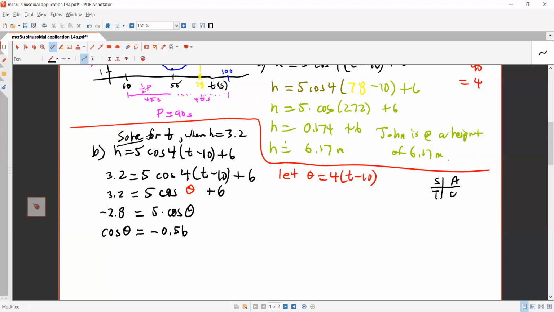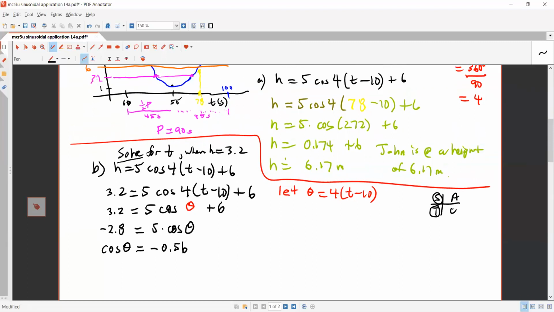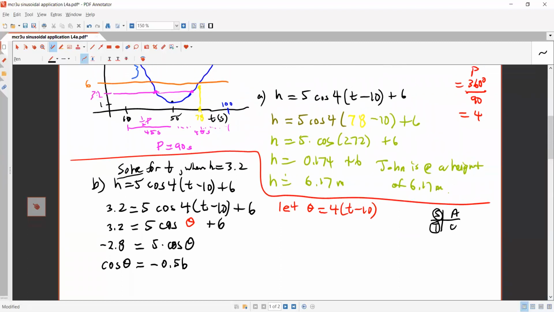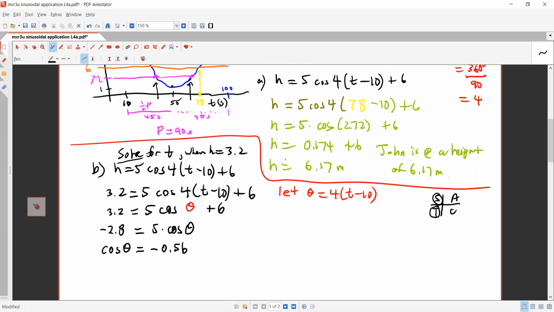And there's actually two possible angles. One angle there, and one angle there. Now, that's why you're looking at the graph here. We get not one, but two answers on our graph. That's why it's easier to see it if we sketch it.